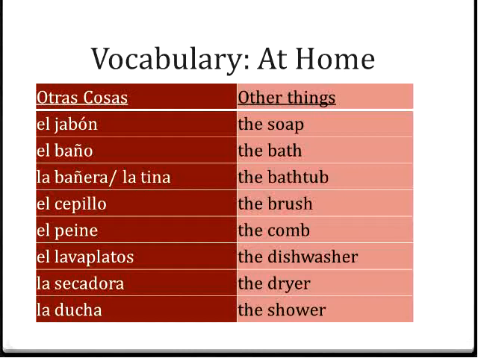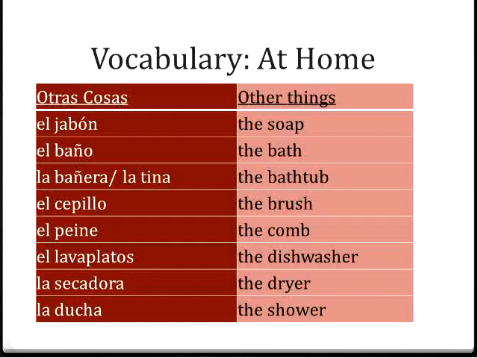Okay. El jabón, el baño, la bañera o la tina, the bathtub, el cepillo, el peine, el lavaplatos, la secadora y la ducha.